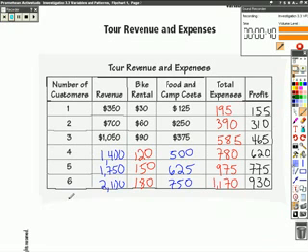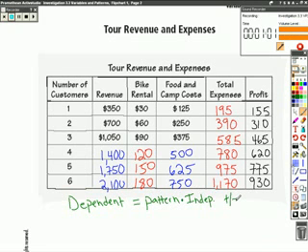We always solve for the dependent variable, and that equals whatever the pattern is times the independent variable plus or minus the starting value when x equals 0.